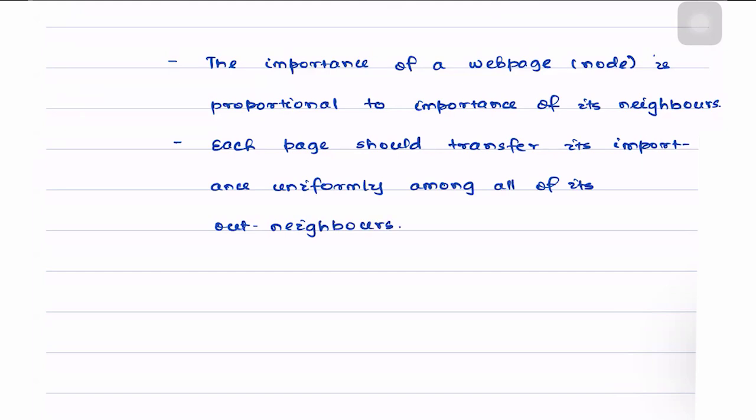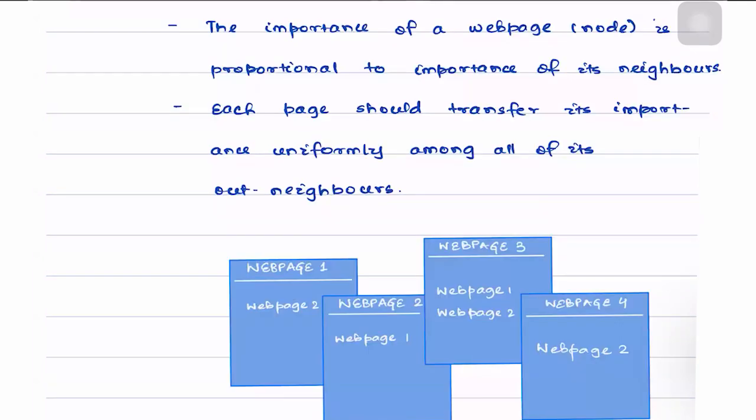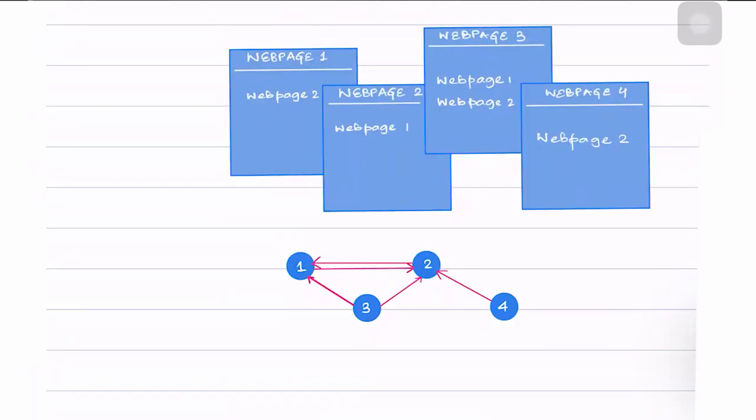What do we mean by this? Let's look at this example again. So we see that web page number 1 links directly to web page 2. Let us consider this example again.